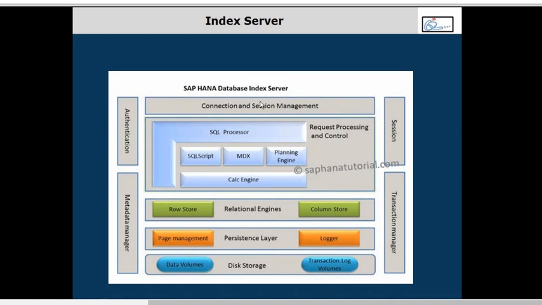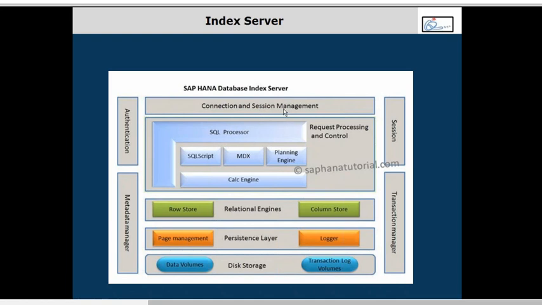When you establish a connection, you need to check the authentication, like username and password. There can be different authentications, but all authentication is handled by the authentication engine, which takes care of all your incoming authentications. Say you get a connection request with a username and password, and that is checked by this engine. If it is true, it allows the connection to be established. Once the connection is established, we have multiple sessions. Each screen is one session, and all the sessions are managed by connection and session management.